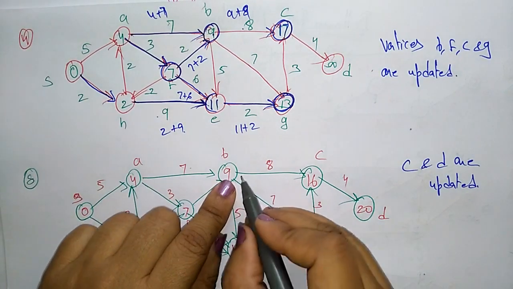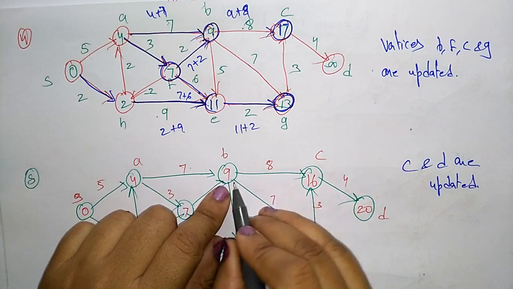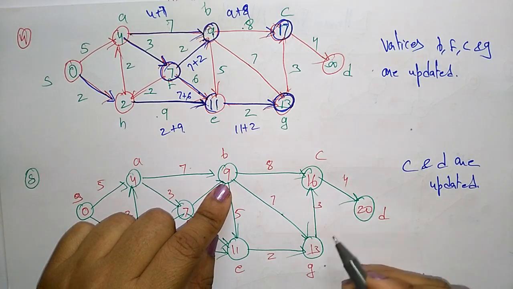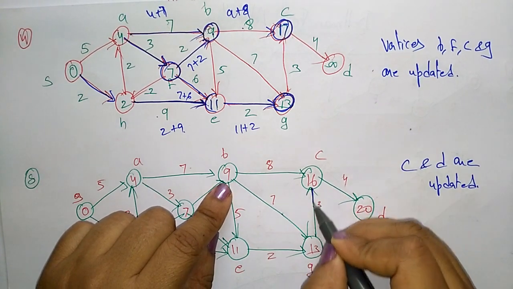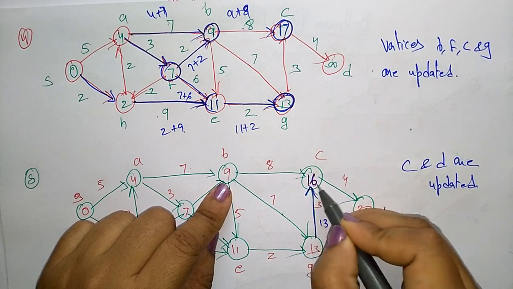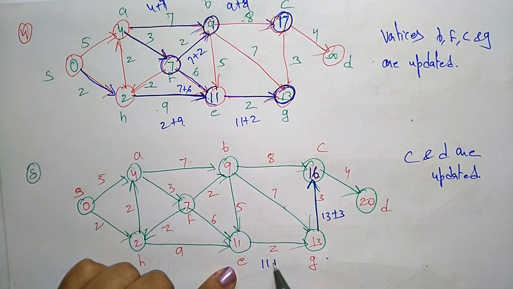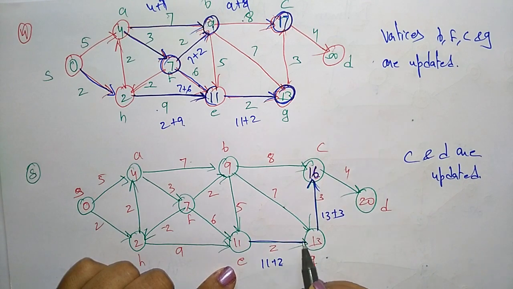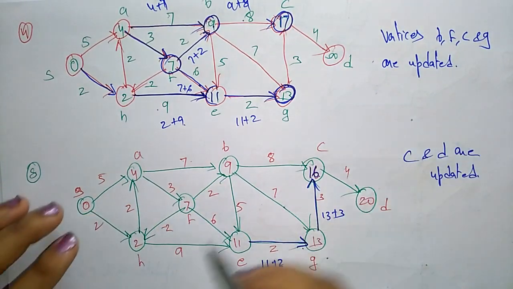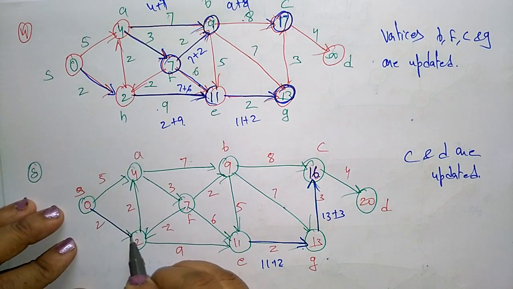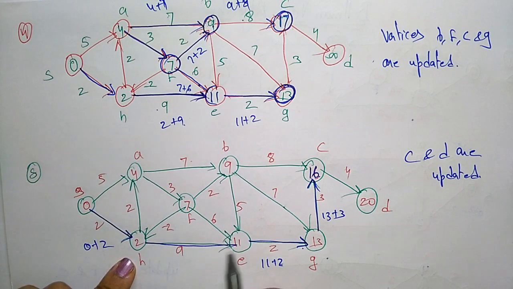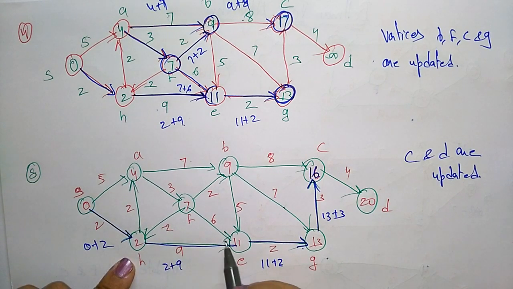So now check here. 13 plus 3 is 16, this is satisfied. 11 plus 2 is 13, this is satisfied. And the same way, now I'm coming to this path, 0 plus 2 satisfied, 2 plus 9, 11 satisfied.